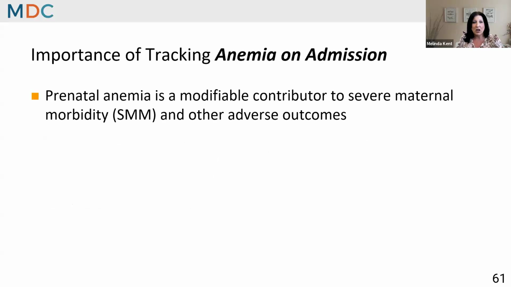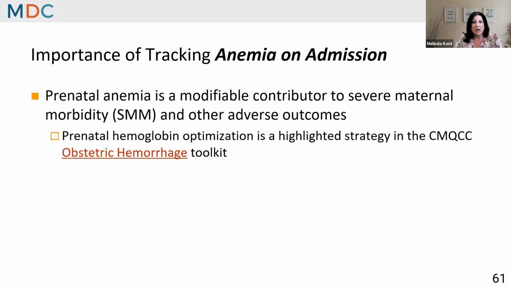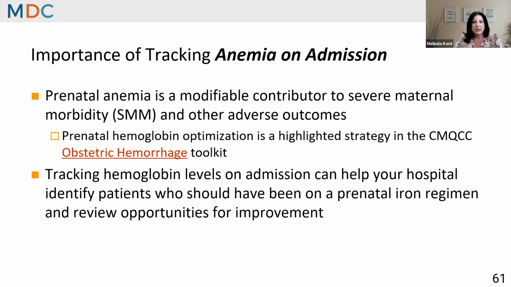The importance of tracking anemia on admission. Prenatal anemia, as we just discussed, is a modifiable contributor to severe maternal morbidity and other adverse outcomes as well. Prenatal hemoglobin optimization is a highlighted strategy in the CMQCC Obstetric Hemorrhage Toolkit. Tracking hemoglobin levels on admission can help your hospital identify patients who should have been on a prenatal iron regimen and review opportunities for improvement.